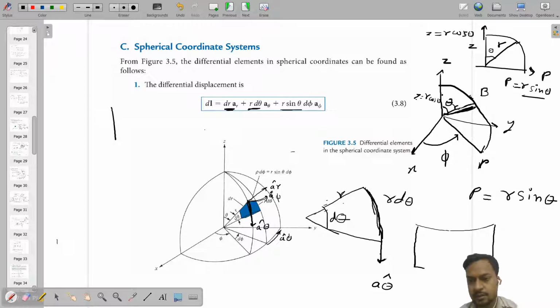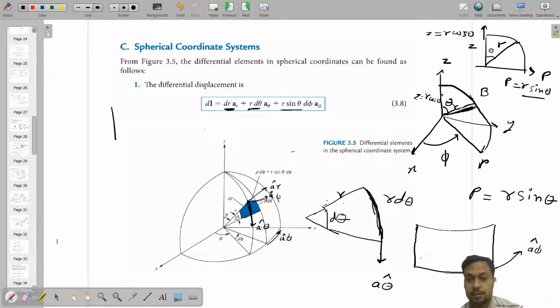Here phi is varying in this direction, unit vector phi. This length, which from the front is shown here, is r d theta.